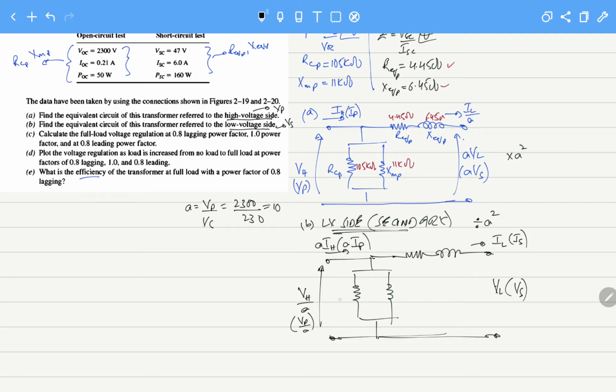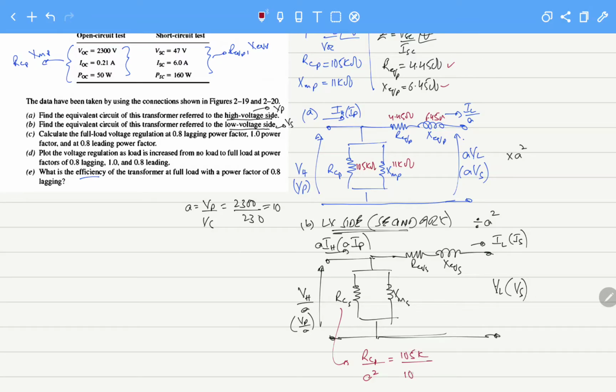Okay, and this is RC secondary, and this is XM secondary, this is R equivalent secondary, and this is X equivalent secondary. So how can we calculate these values? If we divide the value of RCP, this is equal to, what was the value of the primary divided by a square?